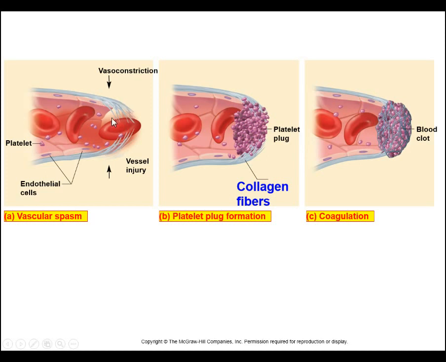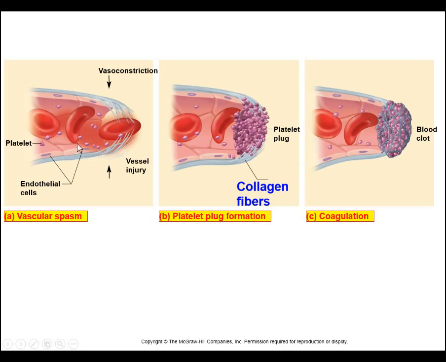We expose collagen fibers as a result of the tear or the cut, and oftentimes it's the exposure of these collagen fibers that will set off these responses that we're talking about to bleeding.